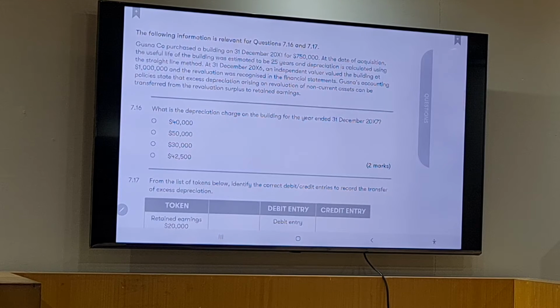This 1 million is a value in 2016, the new value, the revaluation. Like this building, when you buy it for 750, after a number of years you bring a professional, they come and check, and this building is now valued at 1 million. So you need to take that value to the books.